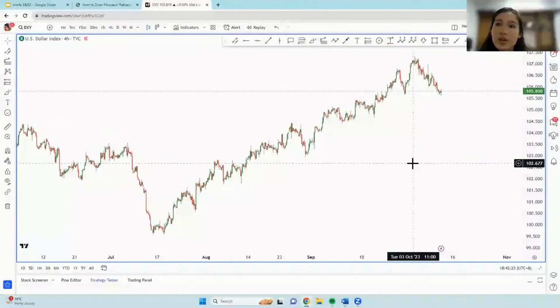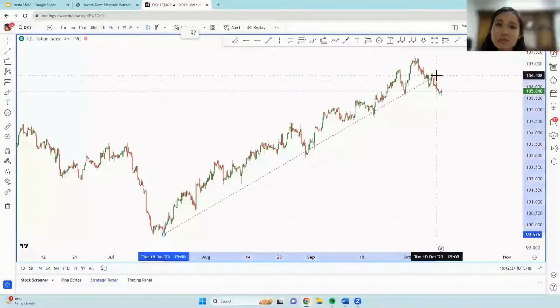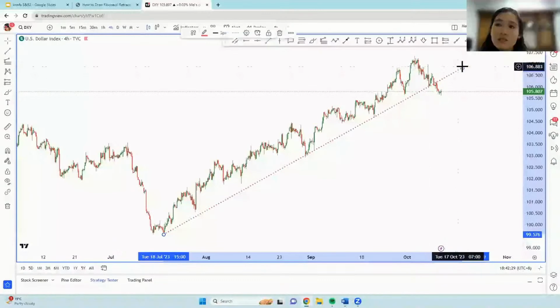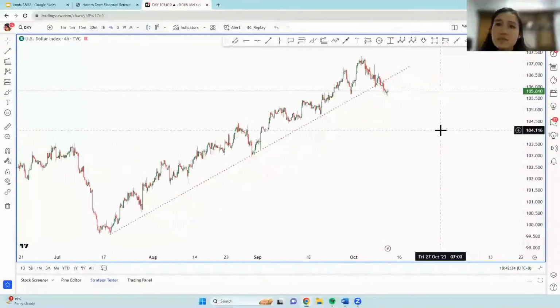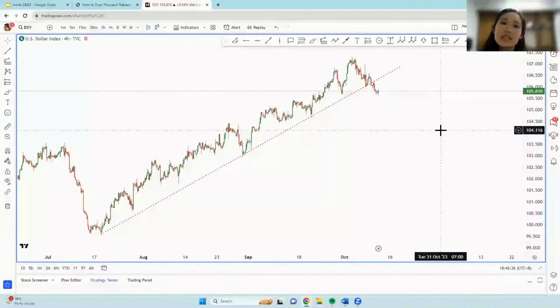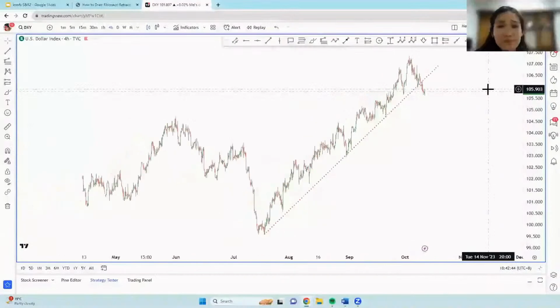Now let's get into our analysis. Even though our weekly and daily time frames give us a bullish signal, this is kind of bearish because price is breaking out of the trend line.